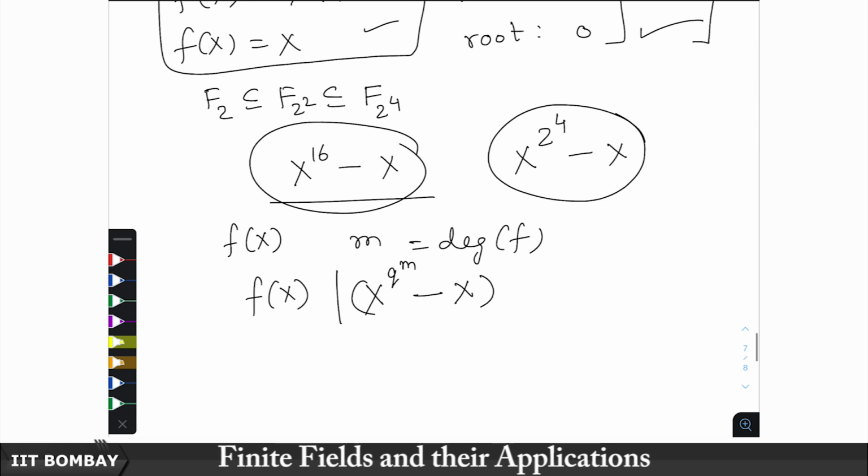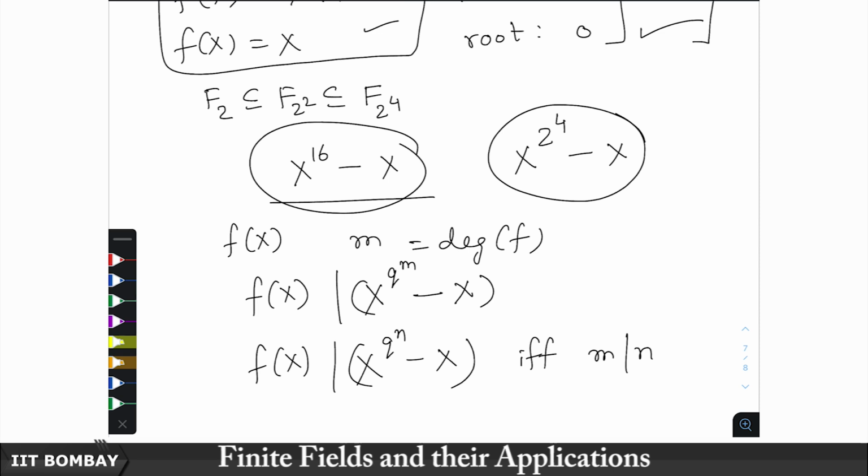For any n, f(x) will divide x power q power n minus x if and only if m divides n. Some of these results we will prove mathematically, but we see from this example that this is what is happening.